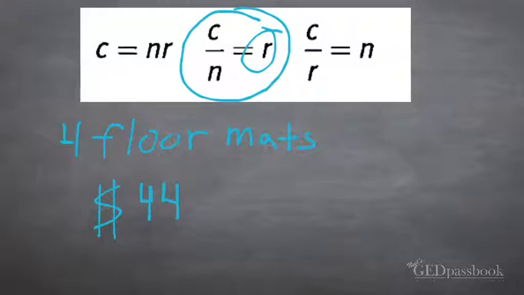So you get the total cost, which is 44. And you're going to divide it over the 4. And what do you end up getting? 11. $11 per floor mat, right? So this is still along the realms of just multiplication and division.